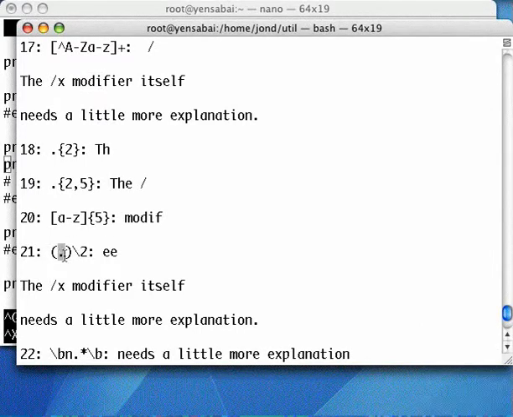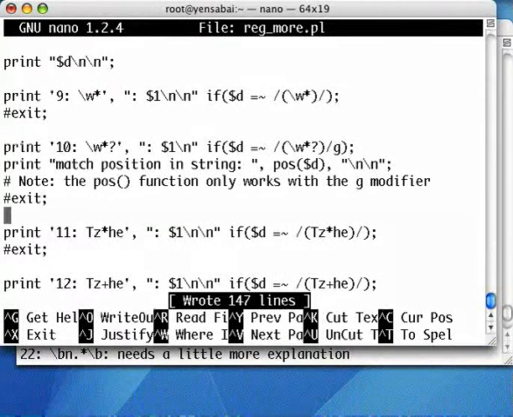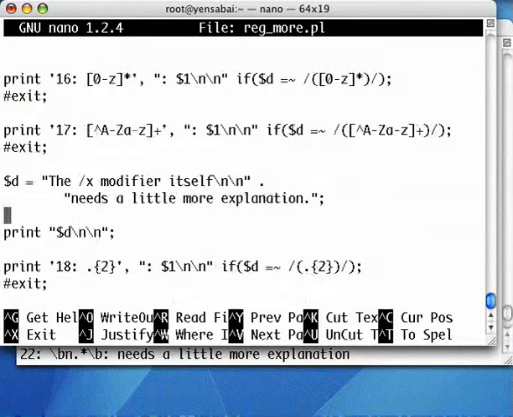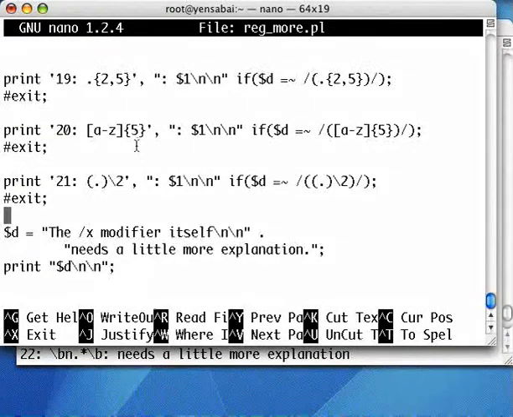Here we have, remember this one? We can use this inside of a regular expression to duplicate what has been found, right? So the first one that's found here has to match with the same thing. It happens to be a 2 here because this is the second set of parentheses in the real assignment. If we go to 21 here, you'll see that we have 2 sets of parentheses.